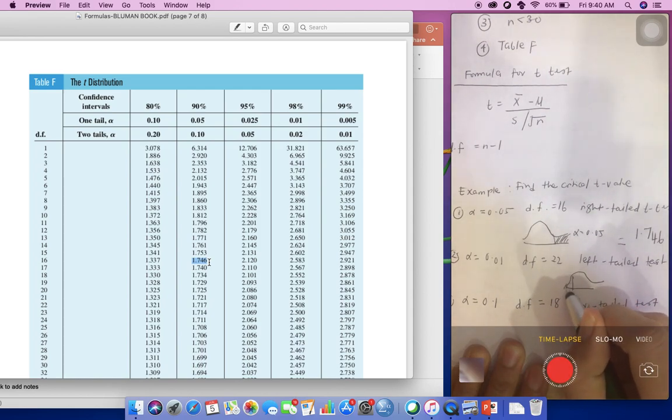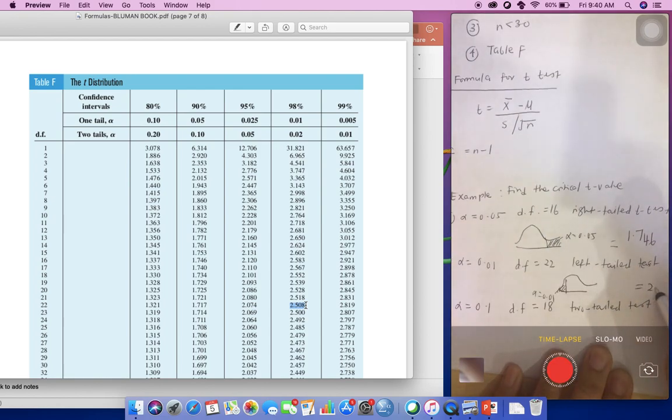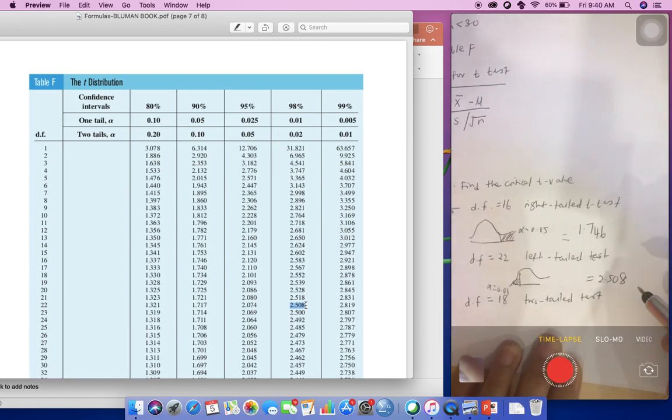So for alpha 0.01 and degree of freedom 22, the value is 2.508.